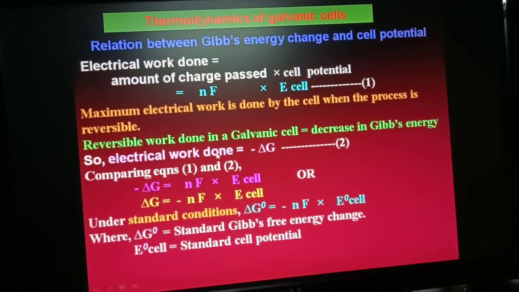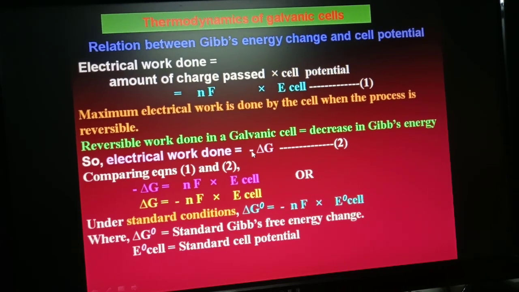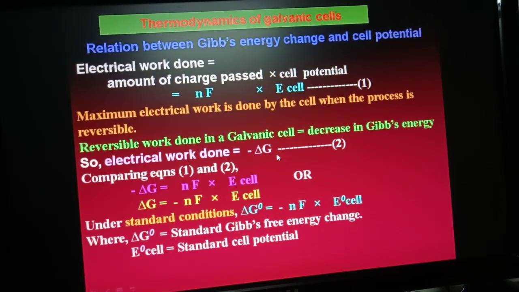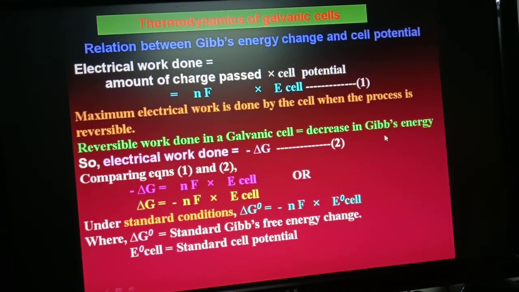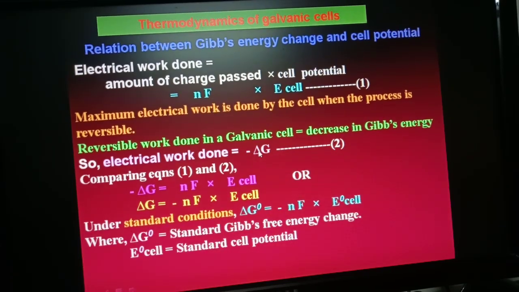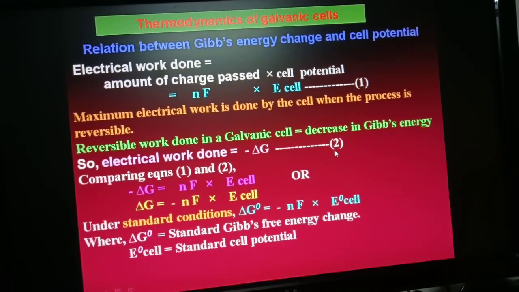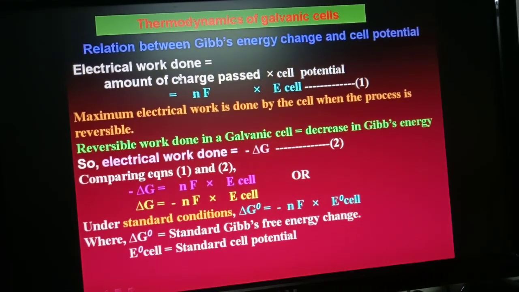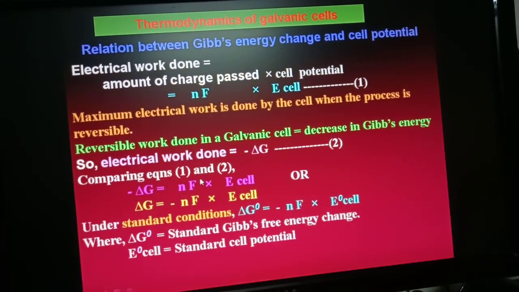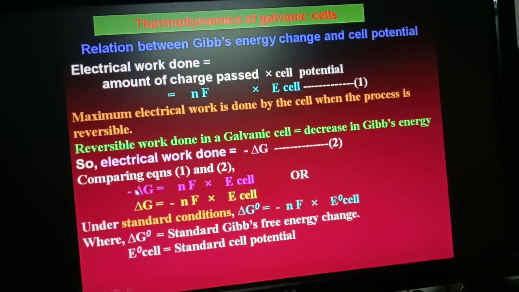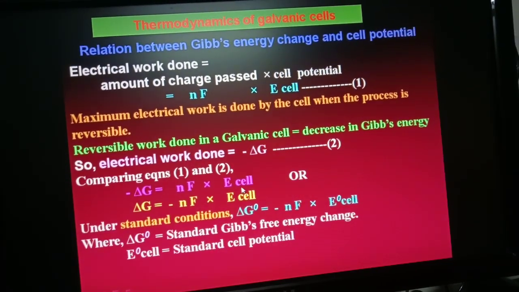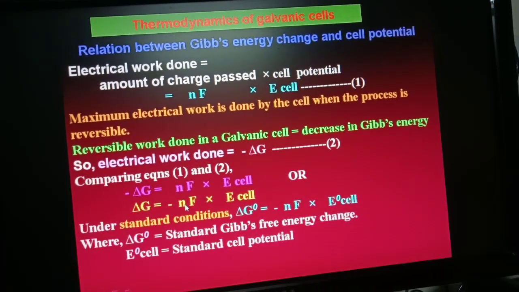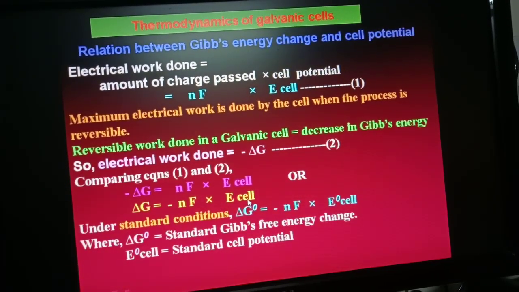So electrical work done will be equal to minus delta G, which indicates decrease in Gibbs free energy. Let us consider this equation number 2. Comparing equations 1 and 2, we get minus delta G is equal to nF into E cell, or delta G is equal to minus nF into E cell.